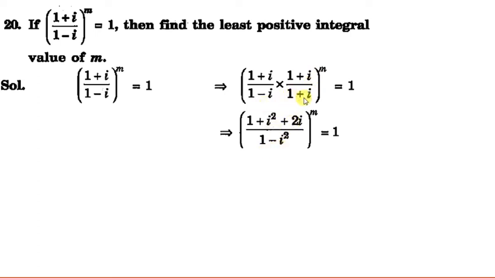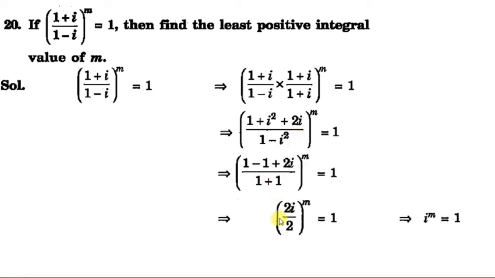In the denominator, we will apply a minus b into a plus b equal to a square minus b square. i square is minus 1, so this minus 1 plus 1 gets cancelled, and in the numerator we have 2i and in the denominator we have 2. 2 gets cancelled and we are left with only i raised to the power m equal to 1.